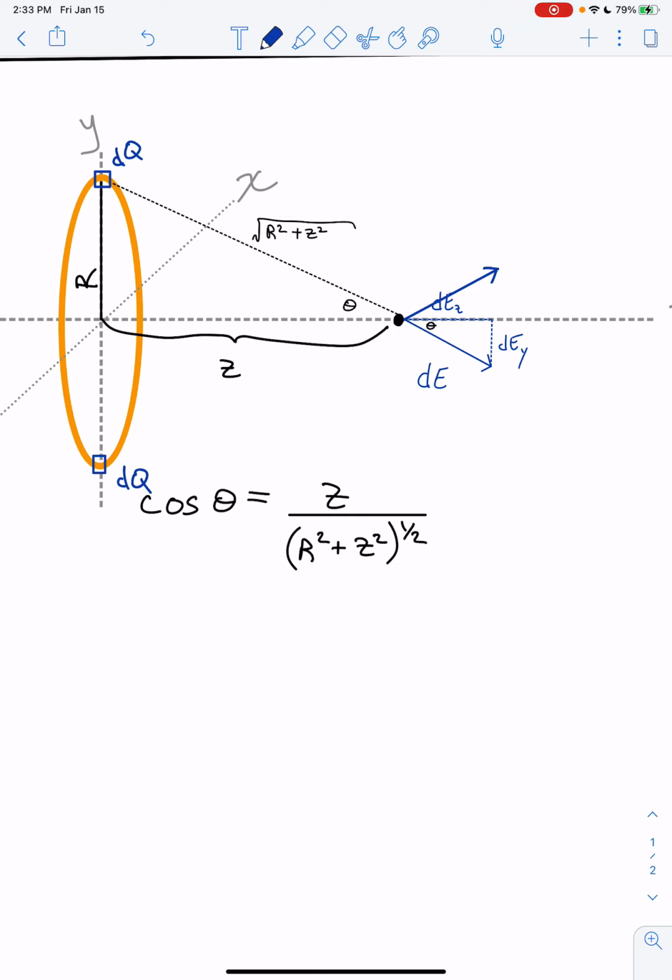And you can go to any point along this ring and find that there's always going to be a matching dQ. Got a little dQ there, and we've got a symmetric dQ there, a dQ there, a dQ there. There's always going to be a symmetric component to the ring that's going to cancel that x or y component. And we're left only with the z component of the electric field.